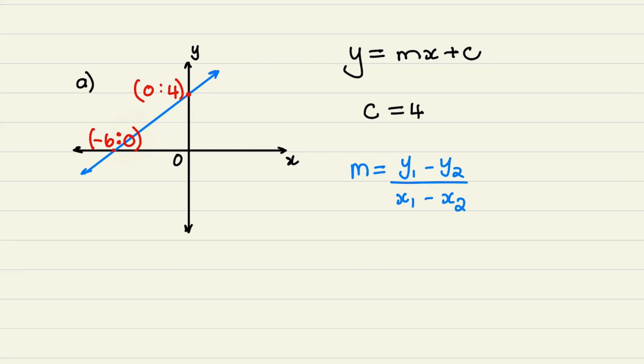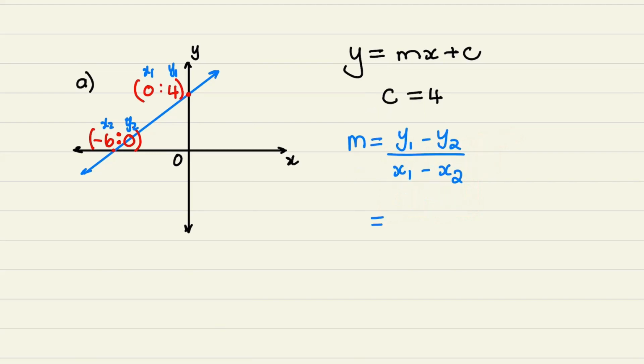Now I simply need to choose my y1 and x1 values and my y2 and x2 values. You can use any of these points as your point 1 and point 2. And remember how to substitute correctly into the gradient formula, as explained in a previous video.